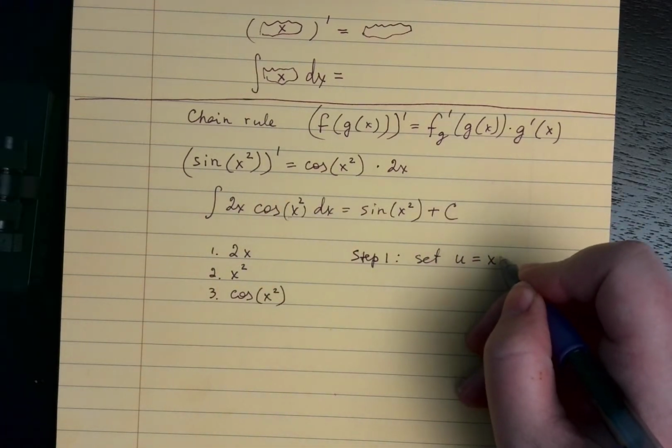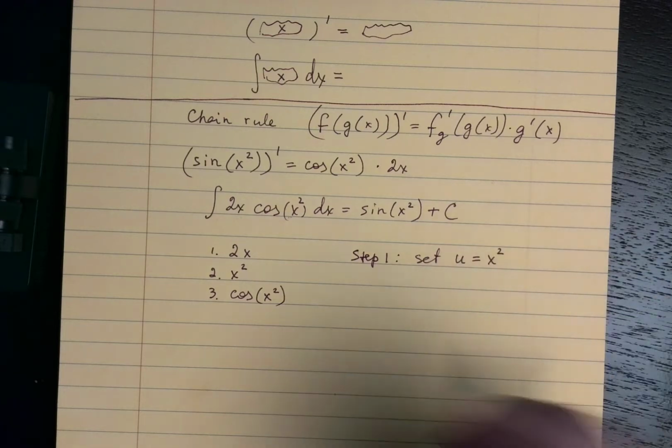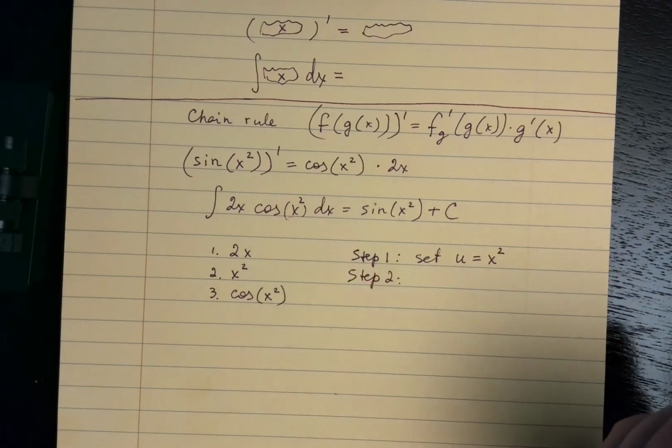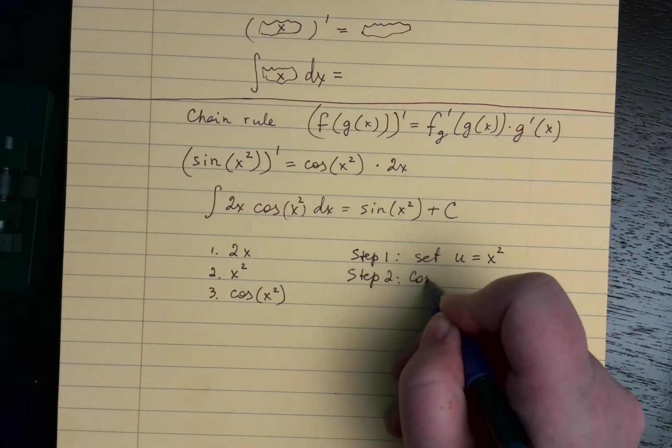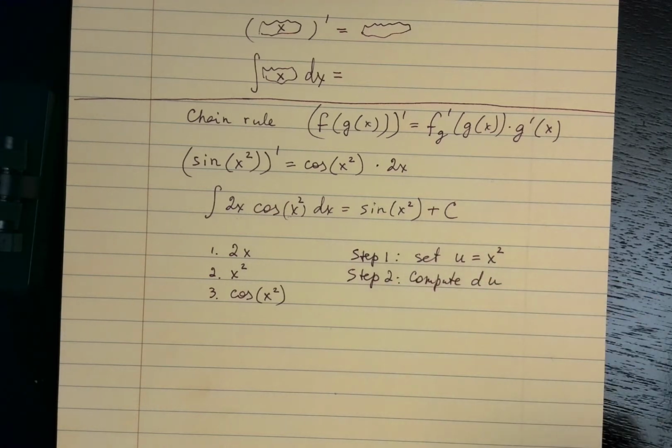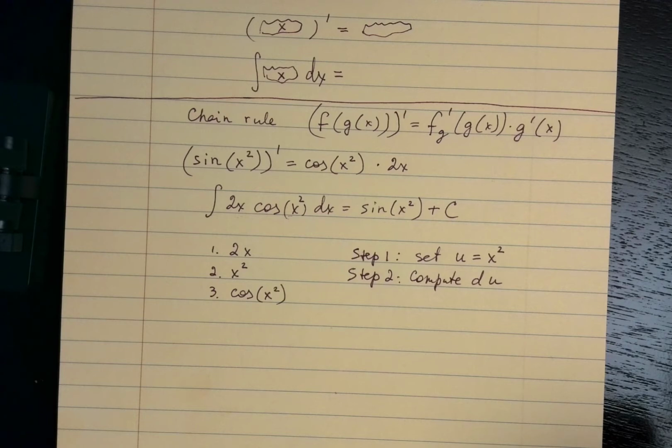So I would say u is equal to x squared. Then step 2 would be compute du. What is du? It's a differential of u.